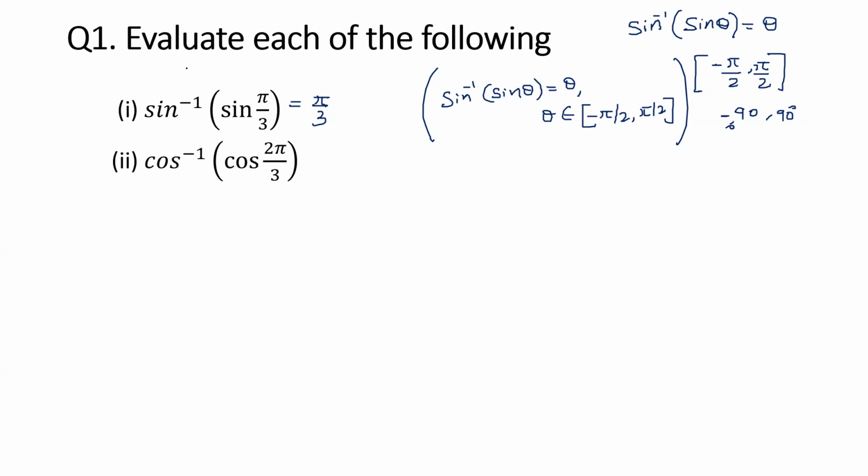That is correct. Very good, Rifat. Yes, Abdul, should we mention whether it lies in the branch or not? No, there's no need to mention. Just write the formula, that theta belongs to 0 to pi. It is understood that 2 pi by 3 lies in 0 to pi. Just write the complete formula.